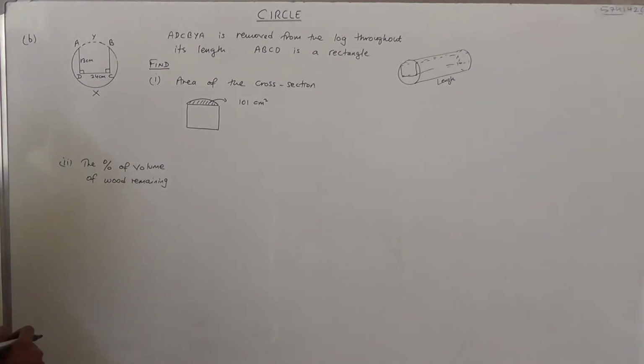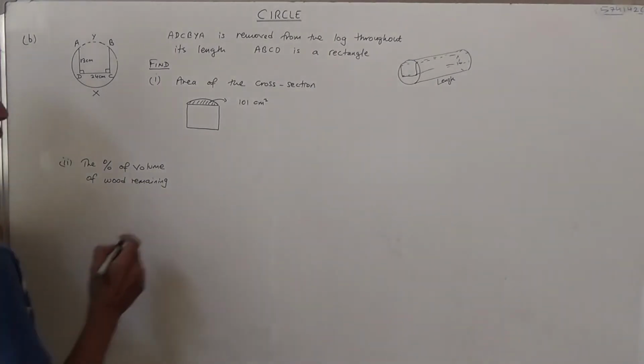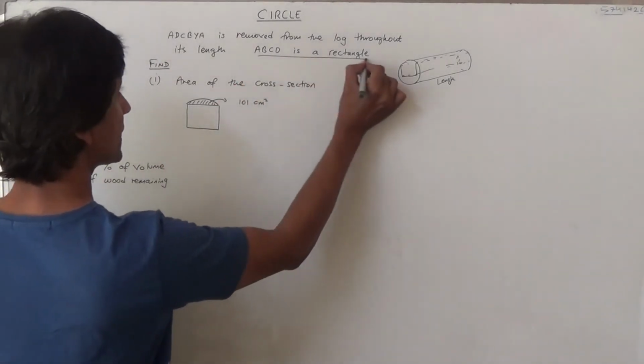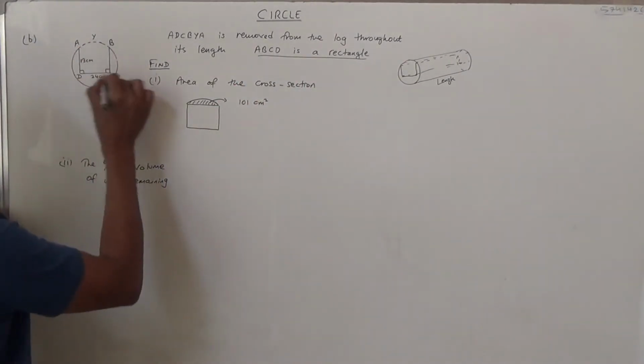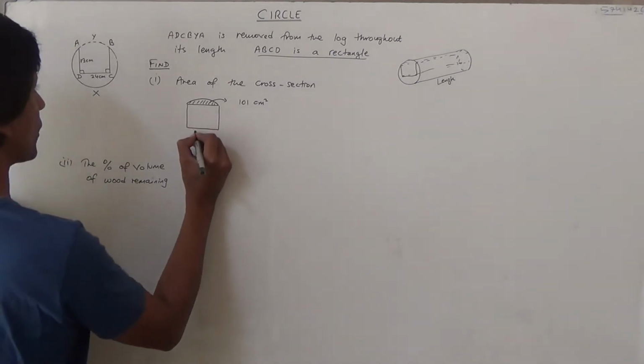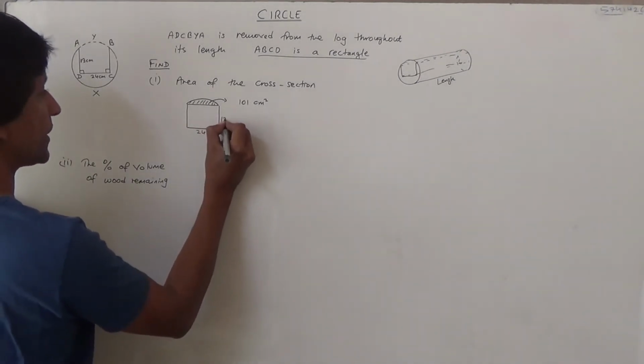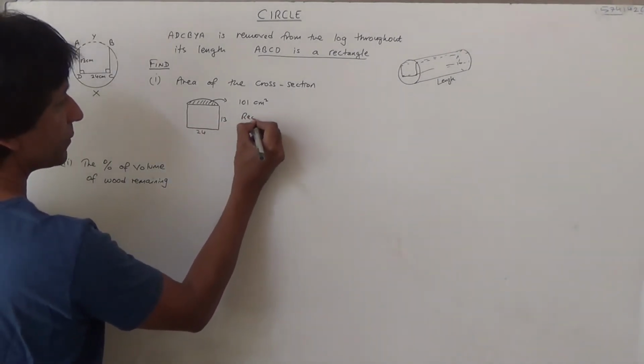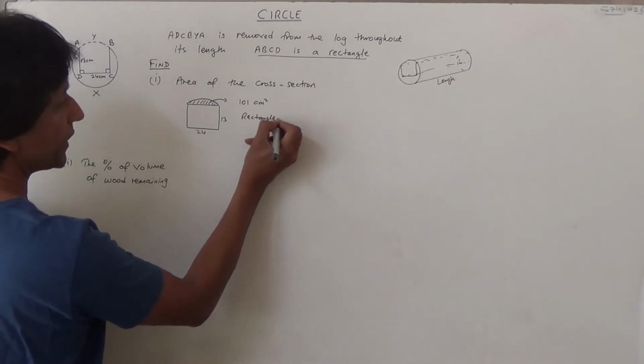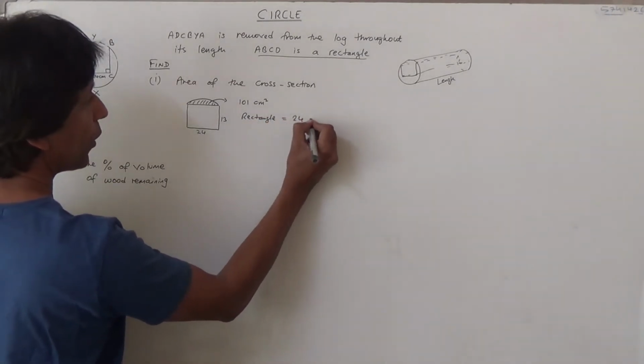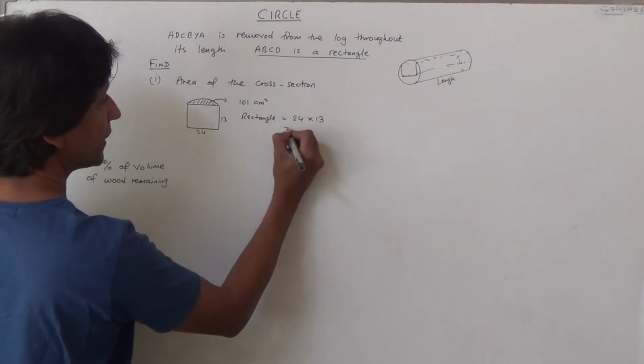And also, what else? We are told that ABCD is a rectangle. If that is a rectangle, we can find the area of the rectangle, which is 24 by 13.